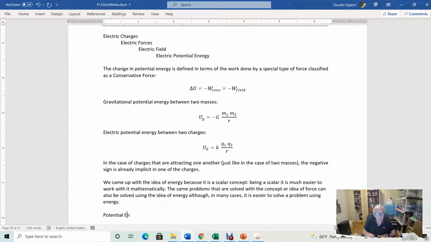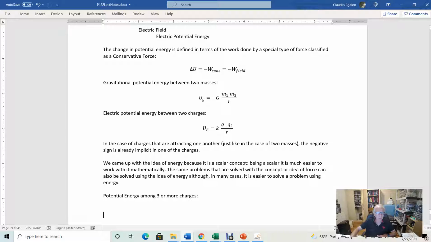Potential energy among three or more charges. Let's put three charges, then we do it for more charges. What's it going to be?